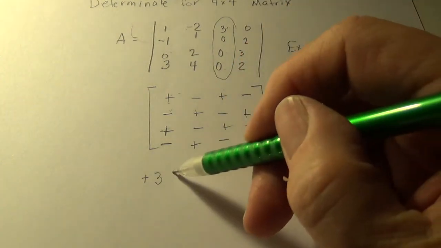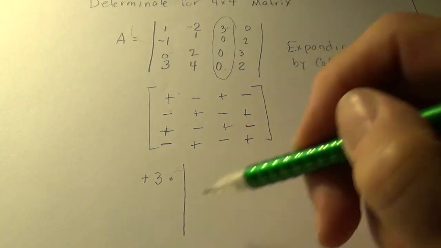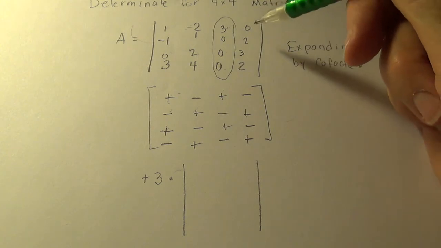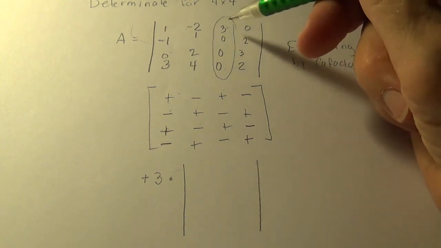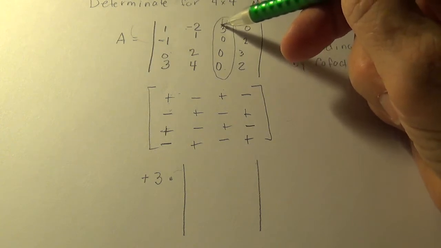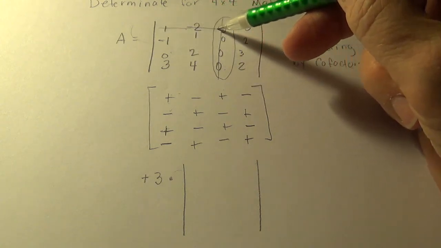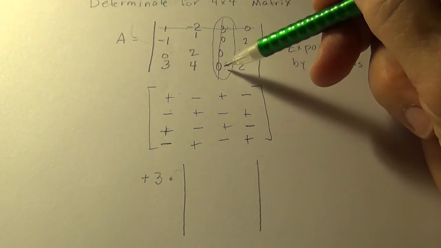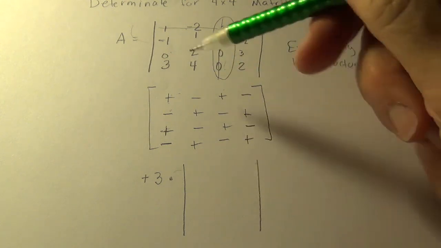And then I'm going to multiply that, so I'll put a little dot for multiplication, times what's called the minor, and the minor is a smaller matrix that we are going to get from here by eliminating the row and column. So 3 was in this row and this column. So I'm going to eliminate that and write down the matrix, the minor, we call it, that remains.